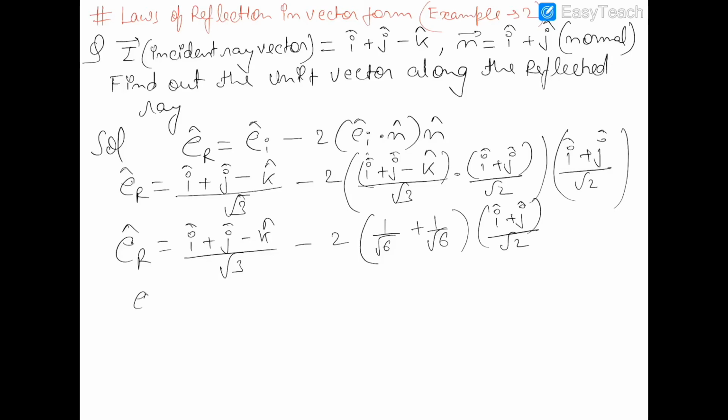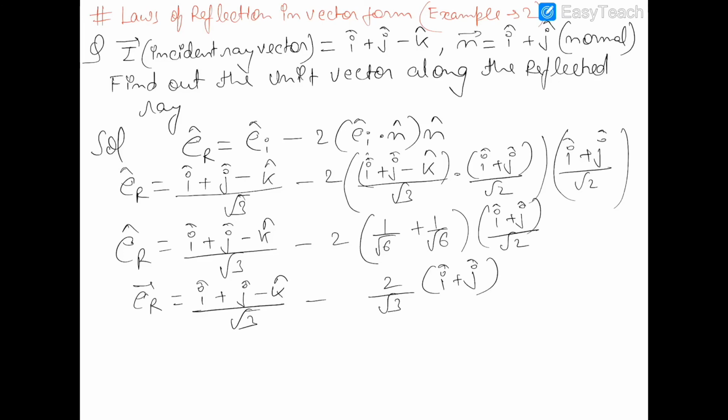Now e_r is equal to (i cap plus j cap minus k cap) upon √3 minus, this is equal to 4 upon √6, and 4 upon √6 into √2 here would be equal to 2 upon √3 into (i cap plus j cap).